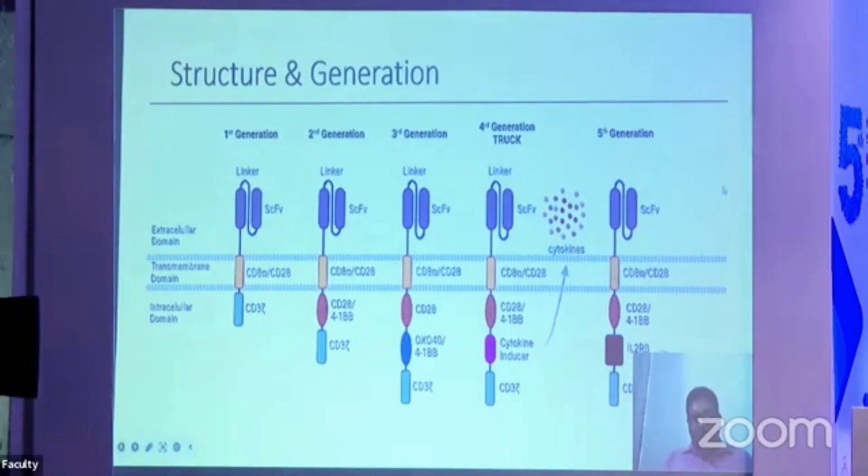Because the first generation CAR couldn't give a tumoricidal effect, the intracellular domain was strengthened with the addition of CD28, which is a co-stimulatory molecule, so that the T cell response increases. And this is seen to have a better response. And all FDA approvals, as I told, are at present for second generation.